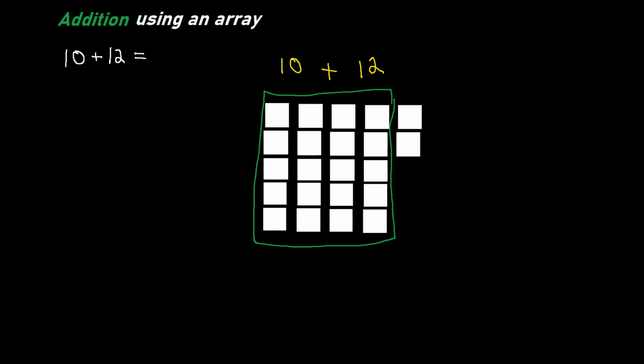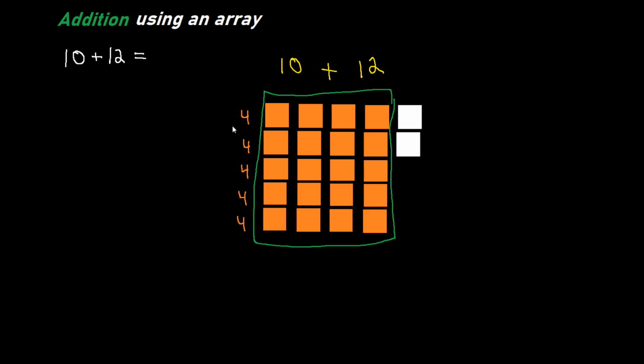So in this case, we can see that 1, 2, 3, 4 are in this row, another 4 in this row, another 4 here, and another 4 here, and another 4 here. And to distinguish this a little bit better for you, we can see it this way, going all the way down, these 4.